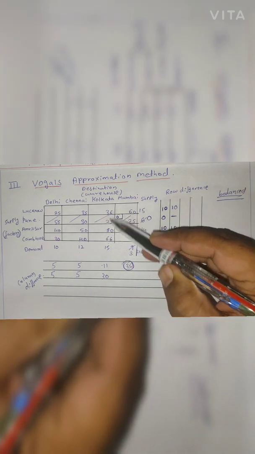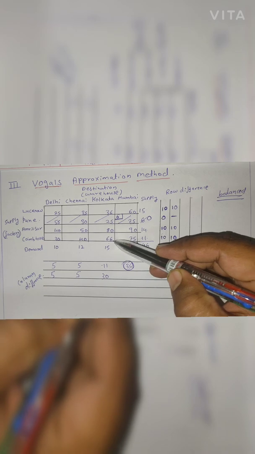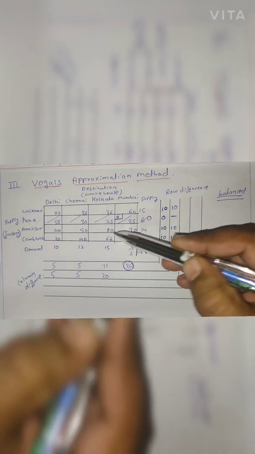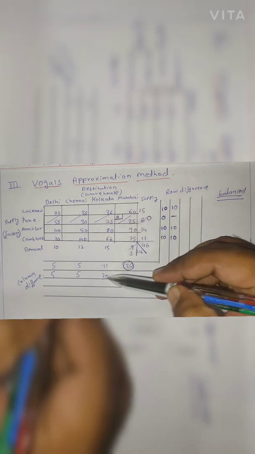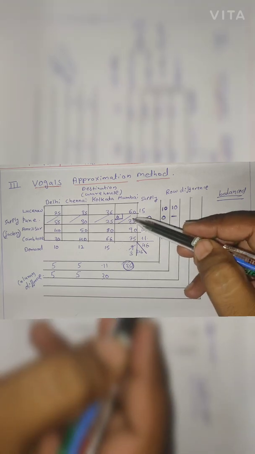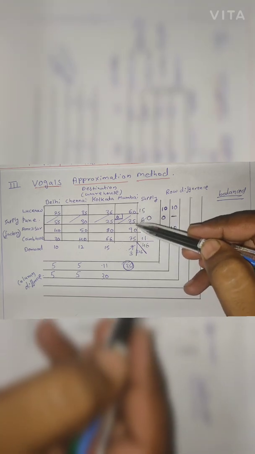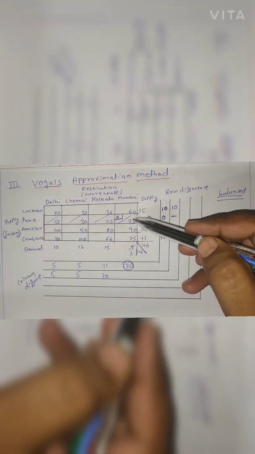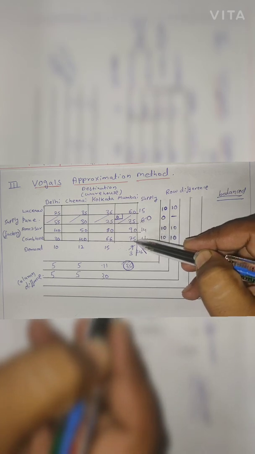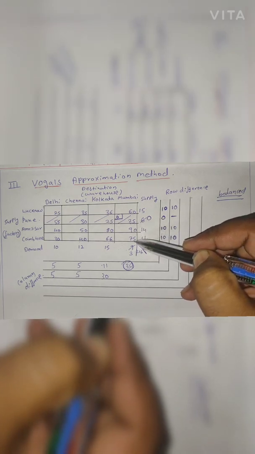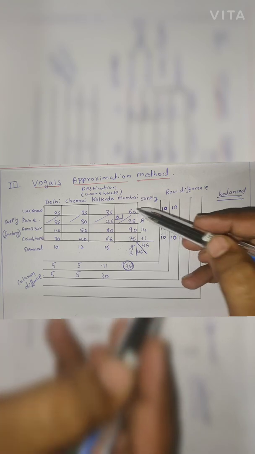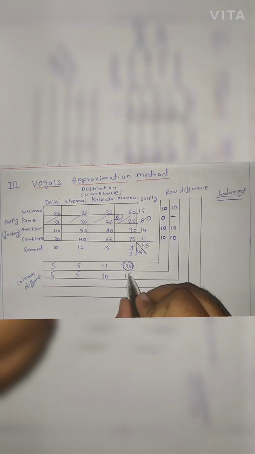See, we are not considering this 25 because it is already eliminated. So lowest is now 36, second lowest is now 66. So 66 minus 36 will get the value 30. In the last column, the lowest is 60 and the second lowest is now 75. So the difference 75 minus 60 is 15.